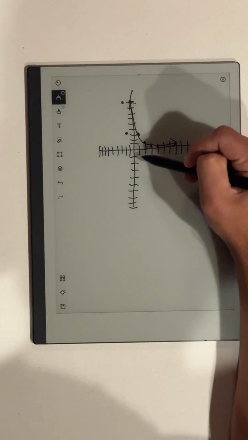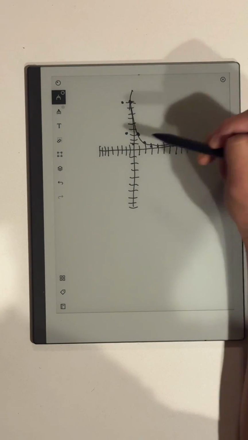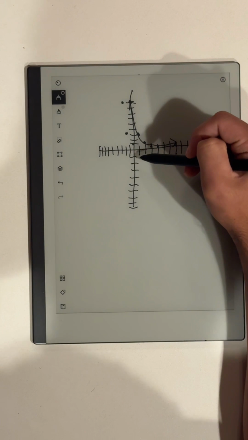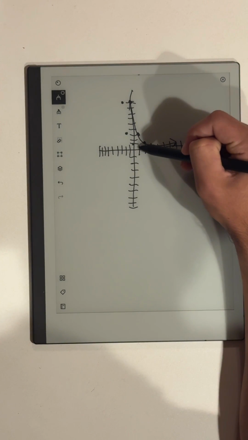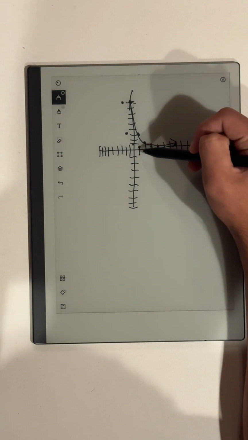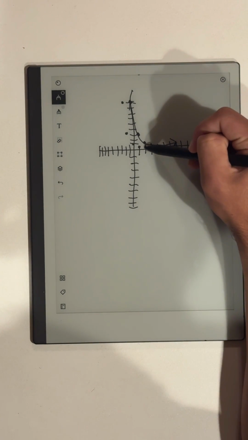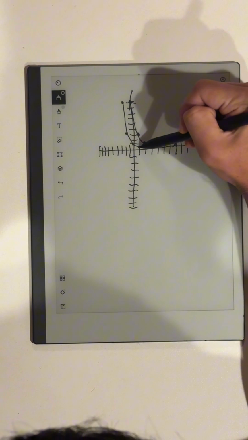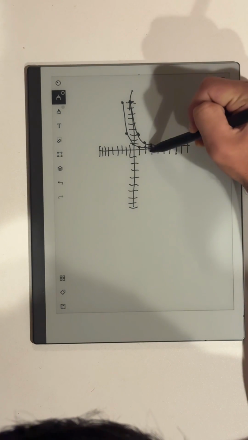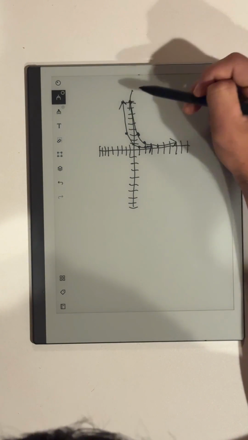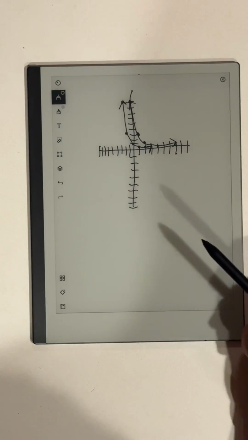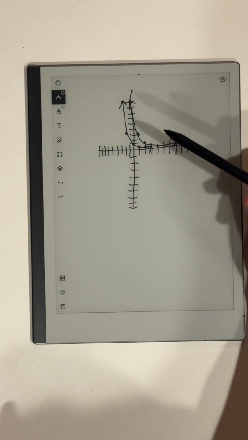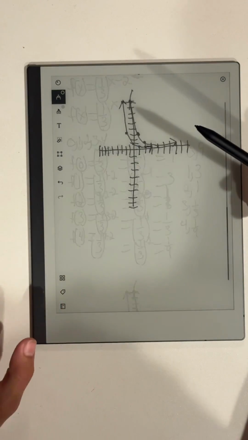And then (0, 1). And then (1, 1/3). And then (2, 1/9). So this was our graph before we did the transformation.